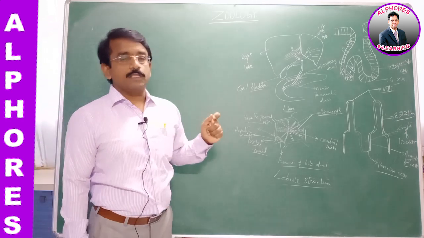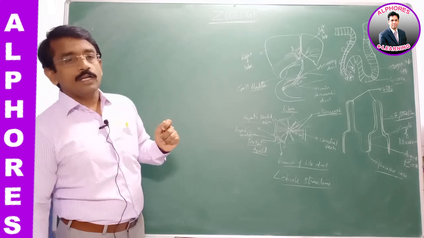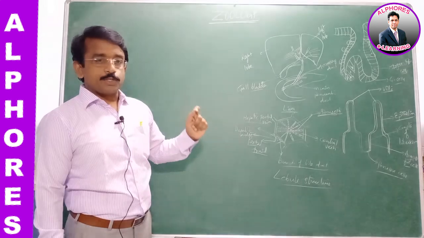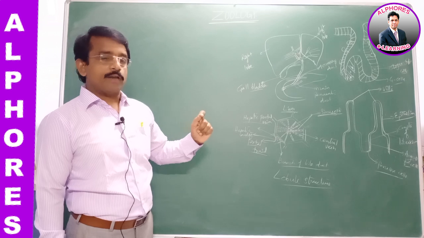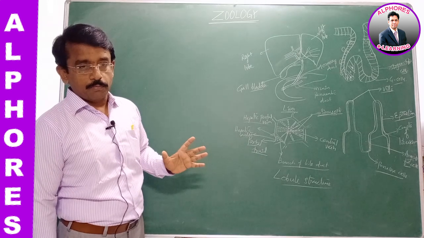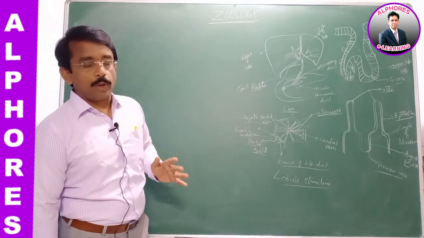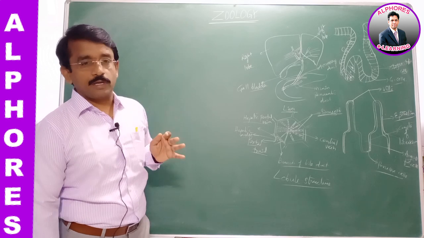Basically, we see the gastric juice is highly acidic, varying from 0.9 to 1.8 pH value. Even it is said to be 1 to 2 pH value, which is highly acidic.